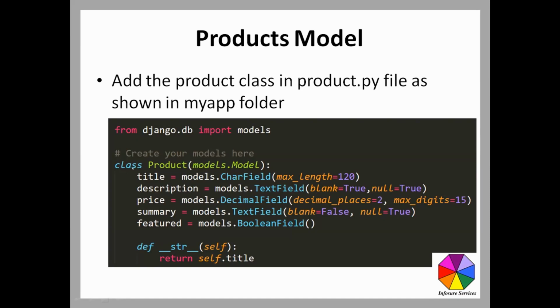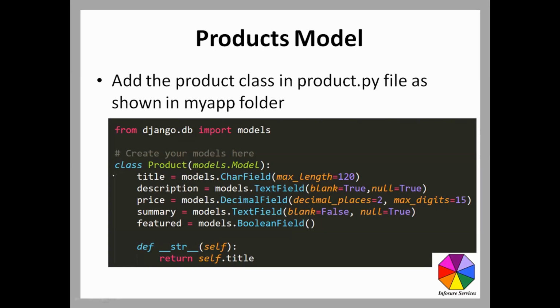Models is a module and Model is the class. Model is the parent class, like a super class for building any of the models. If I say class customer, I'll use models.Model and then go about defining the fields.